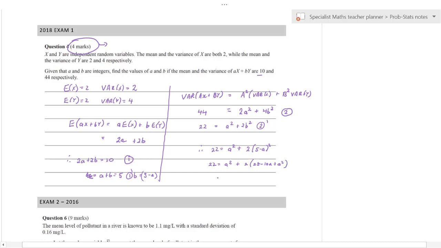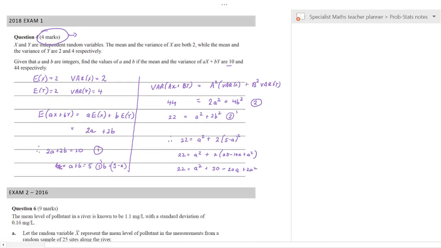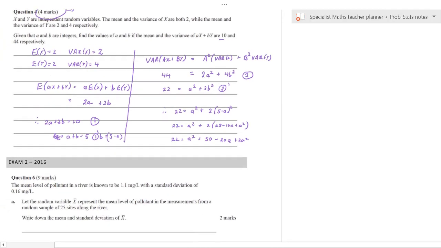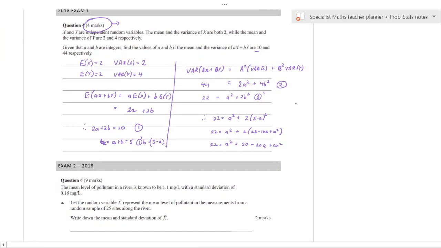So 22 is equal to a squared plus 50 minus 20a plus 2a squared. Now, I'm sure that there's probably a nicer way, but I've just been doing it off the top of my head. So let's go ahead and get this done.